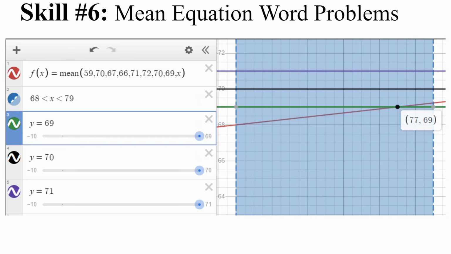And you see once the mean gets to 70, 71, it's not going to cross the red in that little blue box. So it's just not going to happen. It's got to be a mean of 69 and a missing value of 77. Anyway, I think this is situationally helpful knowing how to do all this. Not too important though.